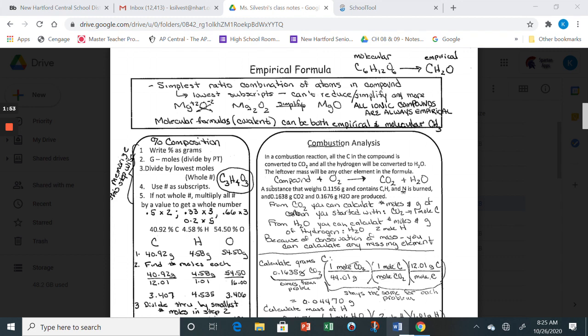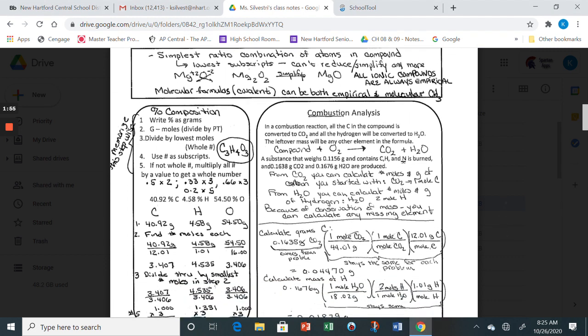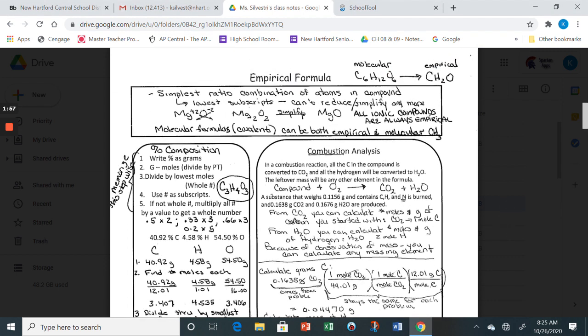So let's do this. I'm going to move this up just a little bit. And up at the top, you can see there's the molecule, that's sugar. And if you reduce it to its empirical, it actually looks like an aldehyde formula, but it's not. It's just the empirical of the sugar.